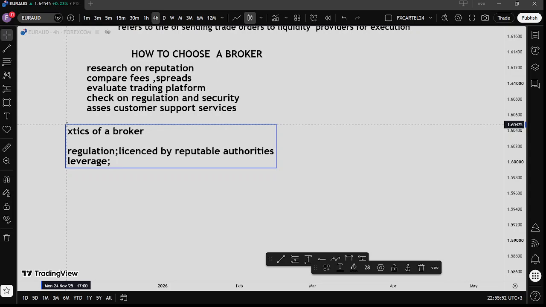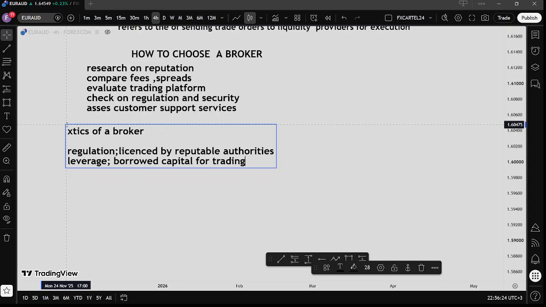But what helps you to trade? It is leverage. So what is leverage? Leverage is a borrowed capital for trading. I will show you how it works. So it gives you that borrowed money. For example, if you have $10, because you have leverage, they can multiply 500 times your capital.